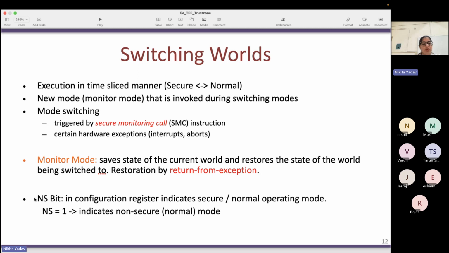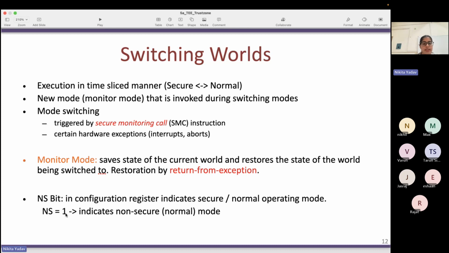For that, your processor has a bit in a configuration register. This bit is called the NS bit, the non-secure bit. It indicates whether the processor is operating in the secure mode or the normal mode.